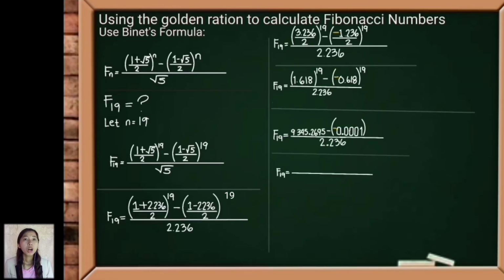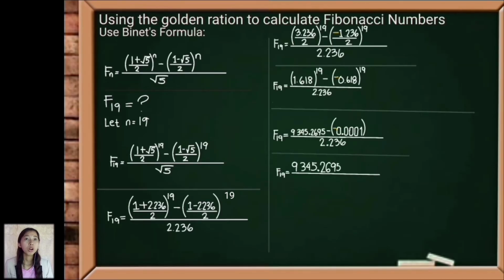F19 equals 9,345.2695. Okay, now here, notice it's minus, it's subtraction, and inside the parentheses is negative. In the rule of integers, if you were to simplify this one, everything that is put before the parentheses means you have to multiply.